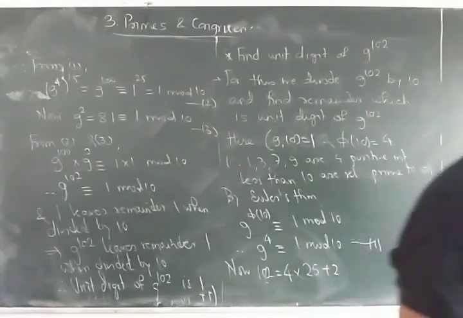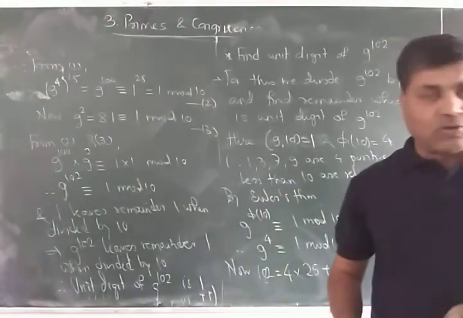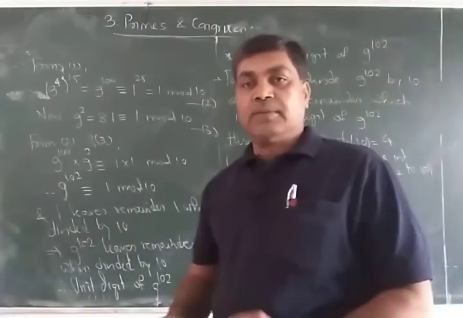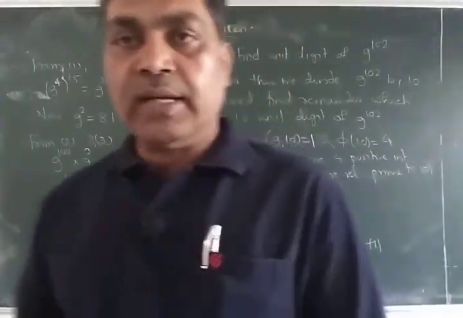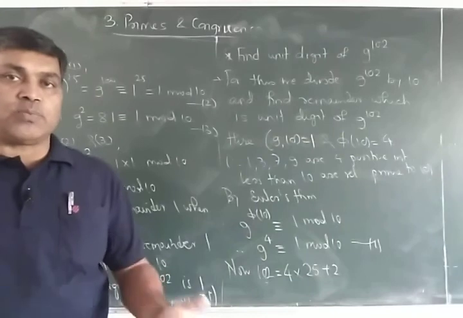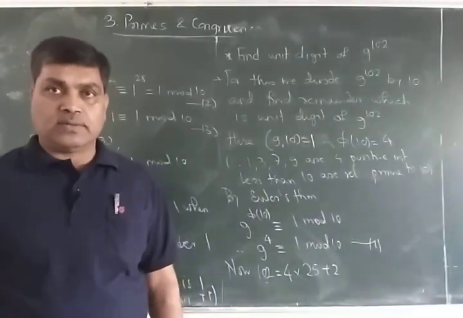Is it clear? So these are very good applications of Fermat's theorem and Euler's theorem, and obviously Fermat's theorem and Euler's theorem are applications of the congruence modulo n relation defined on the set of integers.